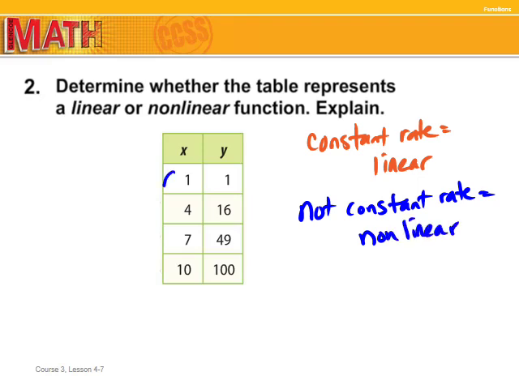So let's take a look. 1 to 4, it's going up by 3, by 3, by 3. So my x is going up by 3. That's a constant rate. From 1 to 16, it's going up plus 15. From 16 to 49 is actually going up 33.